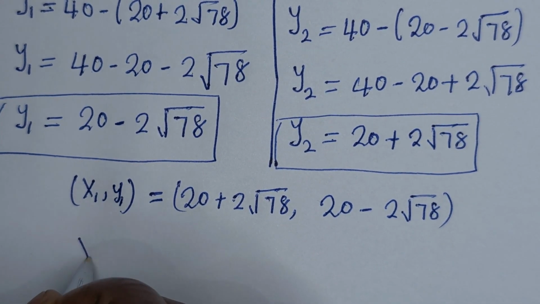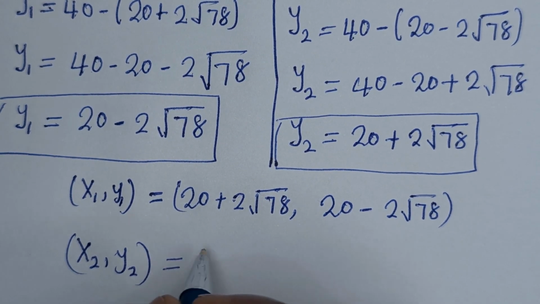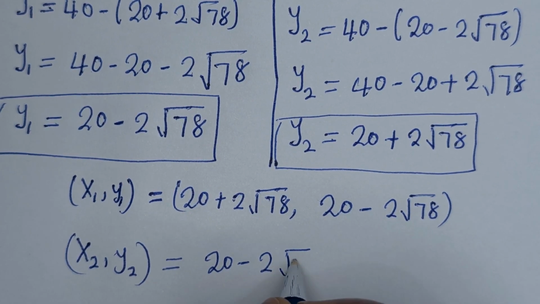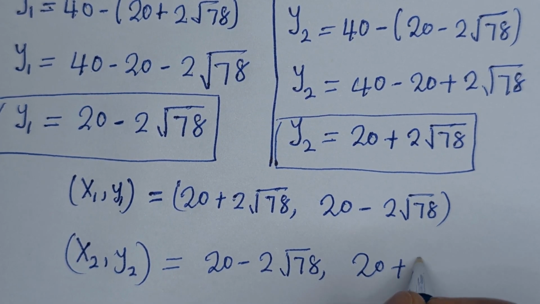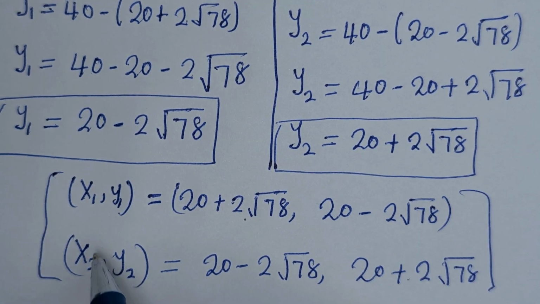Then x2, y2, this is equal to 20 minus 2 root 78, 20 plus 2 root 78. These are the values of x and y. Then from here, you can see that the value of x1 here is equal to the value of y2, and the value of y1 here is equal to the value of x2 here.